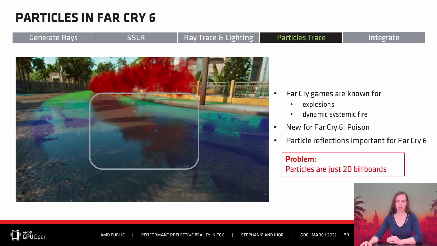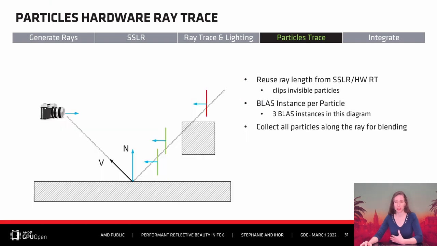But of course, the complication is that particles are just 2D billboards. To trace reflections of particles, we begin by reusing the ray length as it was determined in the previous traces. This allows us to clip invisible particles like the red sprite, which is hidden from the block, or by the block.